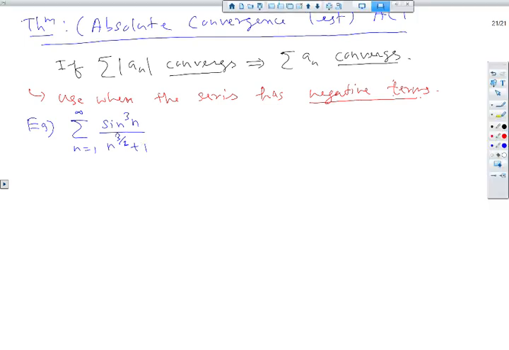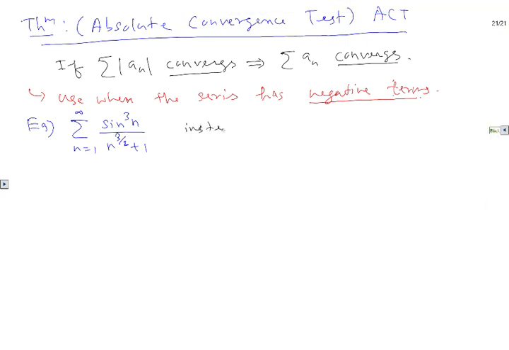So instead of this one, we can look at the absolute series, with n going from 1 to infinity of the absolute value of sine cubed n over n to the 3/2 plus 1. Notice that sine is always between 1 and -1, even when you have powers.